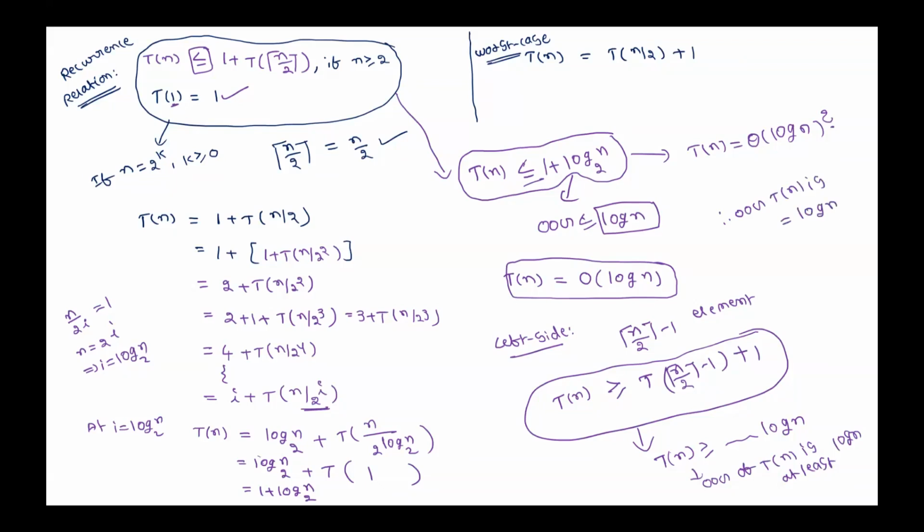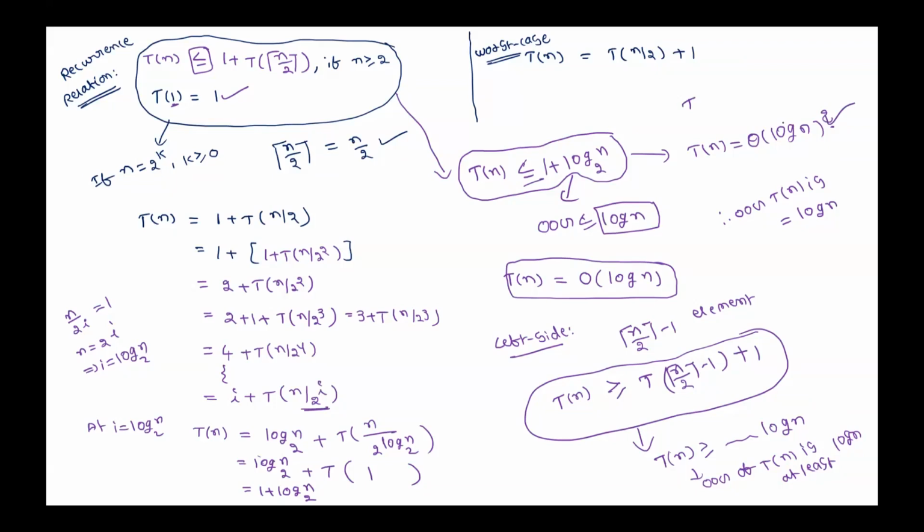Hence, in the worst case, what is the order of growth of running time of binary search? It is exactly log n. Order of growth is log n in the worst case. Hence, worst case running time, we can represent it as theta of log n. Now it is correct.